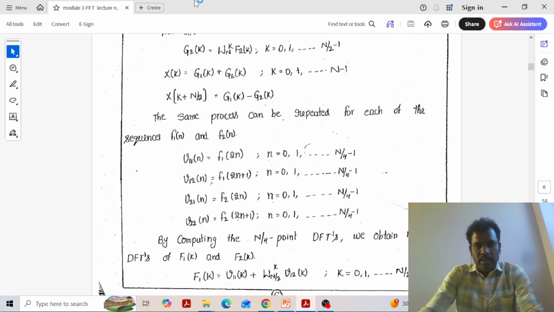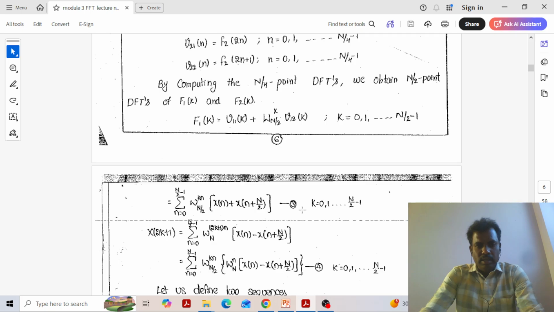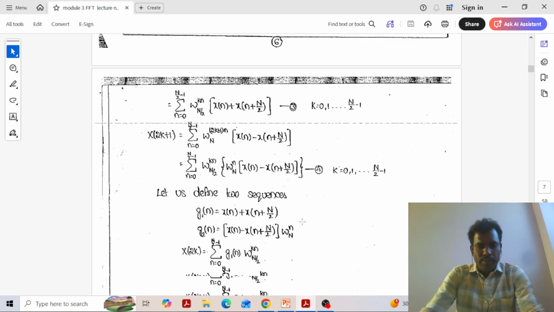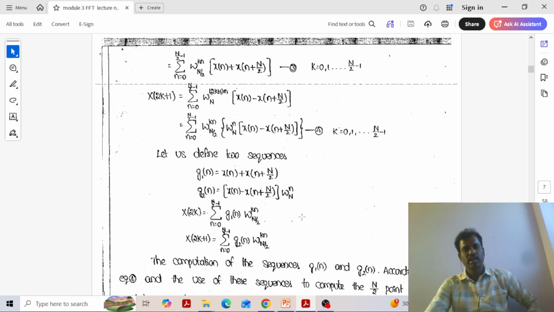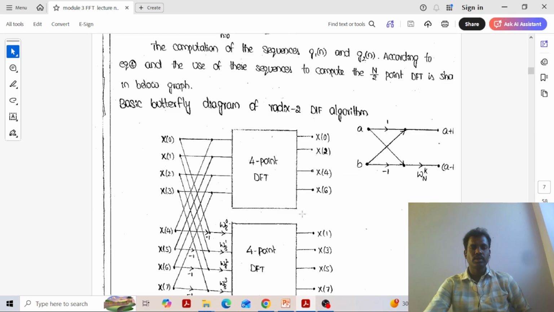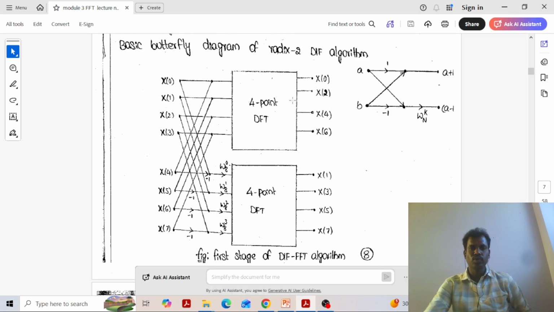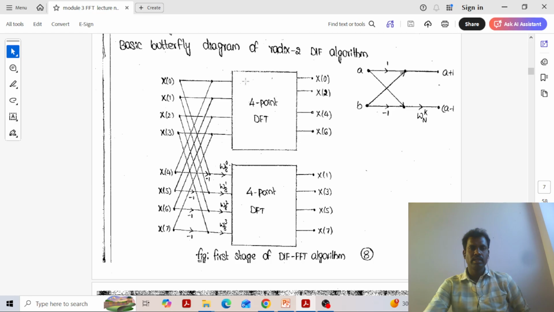This is another stage we have considered, and in a similar manner we multiply half of the DFT with the twiddle factor and it is added with the other DFT. Likewise we can get this. This is 2 four-point DFTs. How is this 4 point obtained?